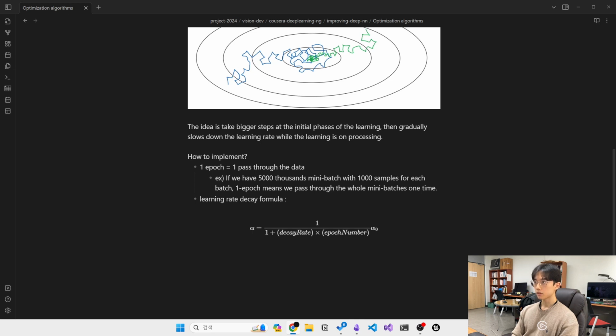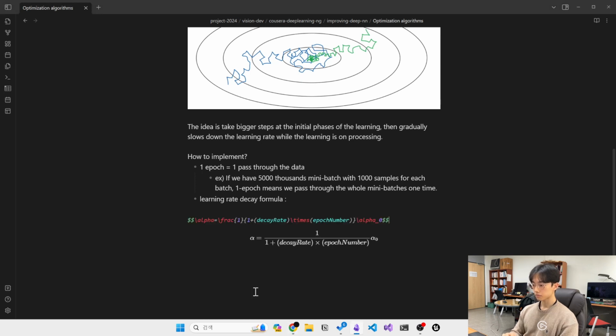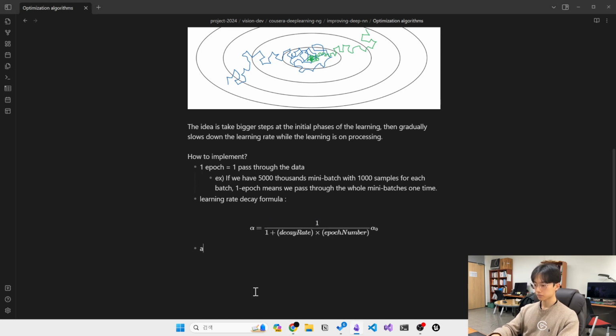For example, this is called exponential decay, where alpha is equal to some number less than 1, such as 0.95 to the power of epoch num times alpha 0. So this will exponentially quickly decay your learning rate.